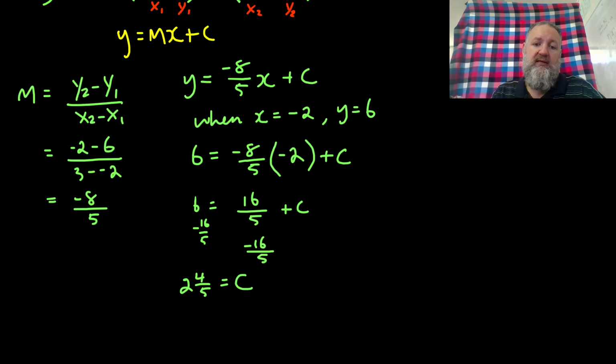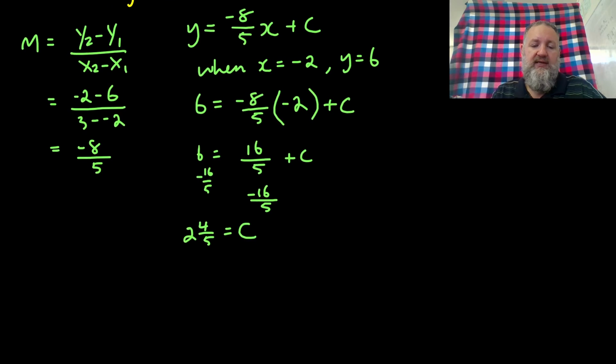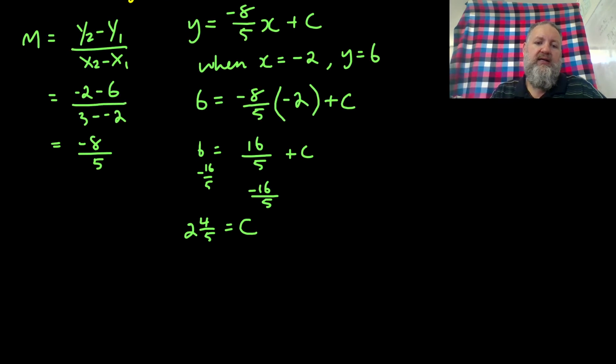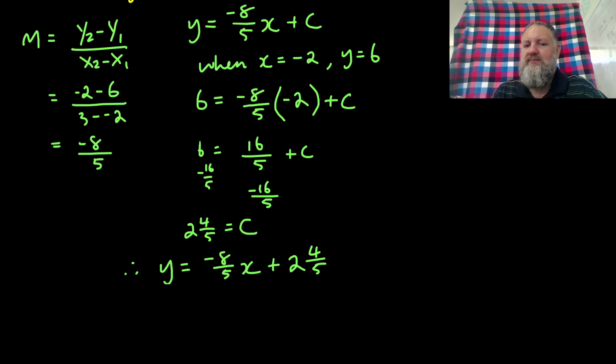So I can then put that into my answer here. I can say that y is equal to -8 over 5 x plus 2 4/5. There's a little bit of a problem with the way that I've written this. The problem is that this is an improper fraction, and that's a mixed fraction.